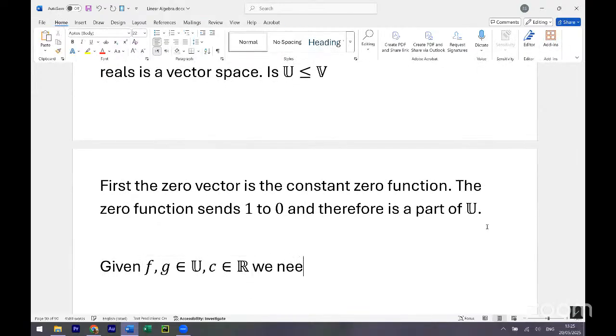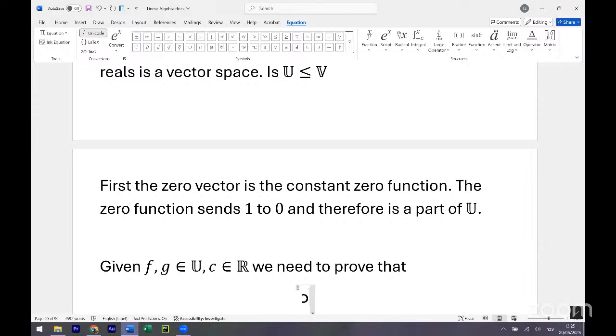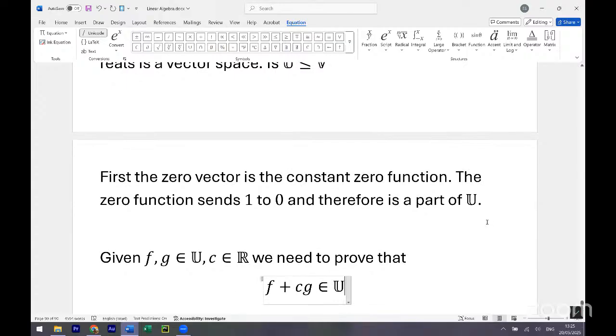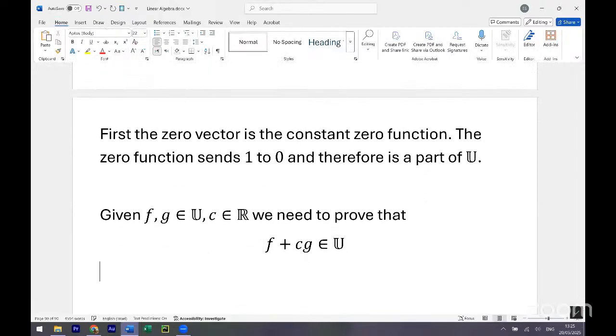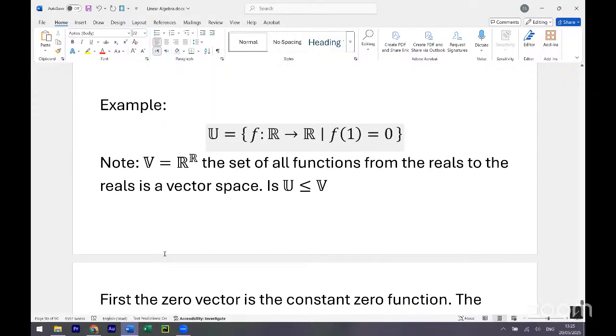We need to prove that F plus CG stays within U. So what is the data? What do we know? If F and G are within U, what can we say about them?